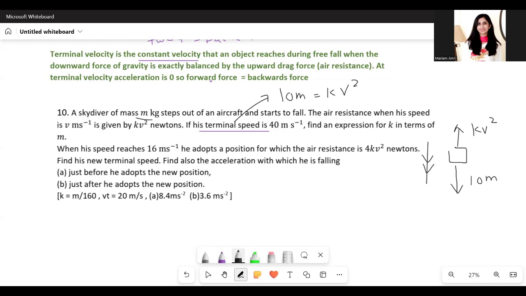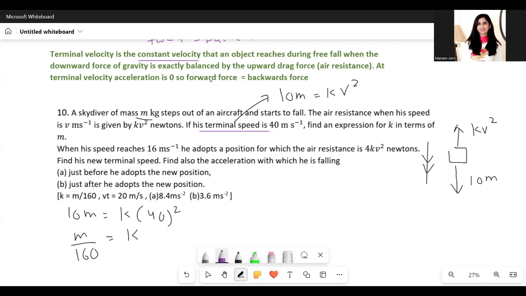This would be 10m equals k times 40 squared. K in terms of m means we have to make k the subject. So 10 divided by 40 squared is 1 upon 160. So k is equal to m upon 160. Okay, first part is done.